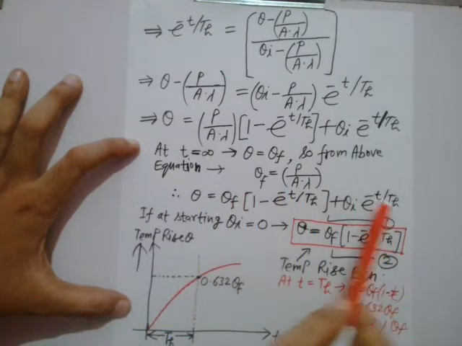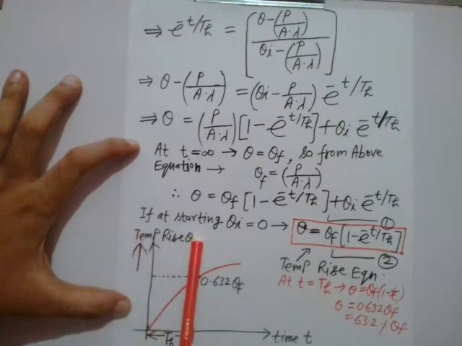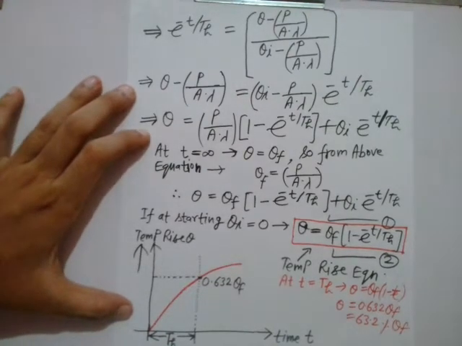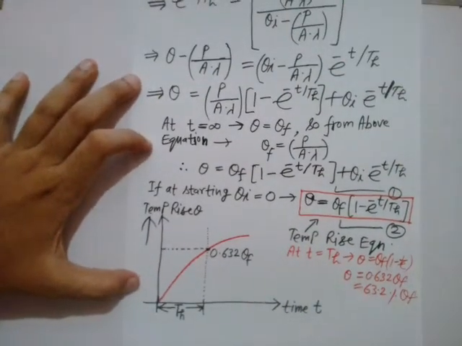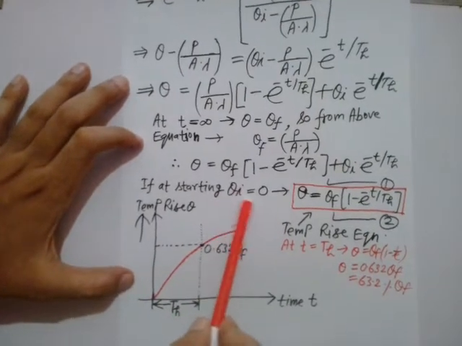Write the remaining equation. So suppose at starting, the initial rise in temperature is 0, right? Suppose the machine is just started. At that time, what is the value of temperature rise? It is 0.